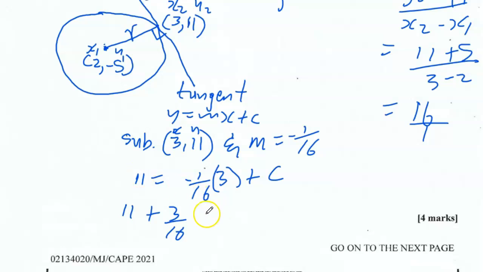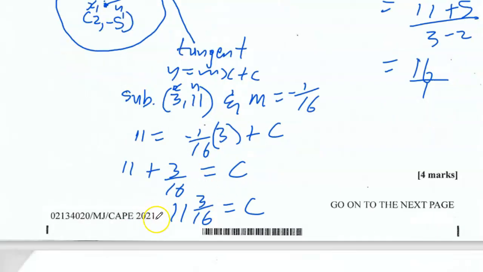Bring it over, positive 3 over 16. So c is 11 and 3 over 16. And you could write that as an improper fraction, 16 times 11 plus 3, we end up with 179. So c is equal to 179 upon 16, if you want to write it as an improper fraction.